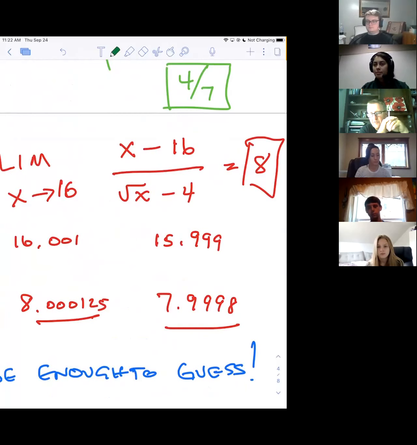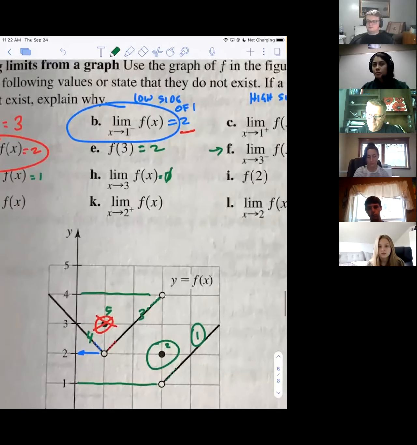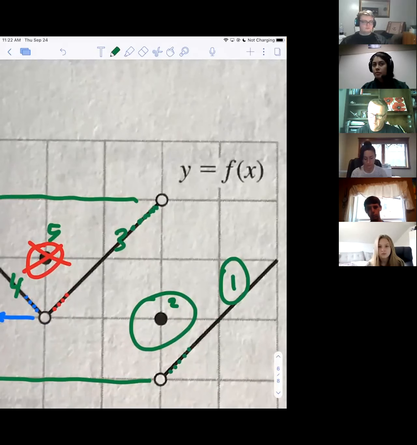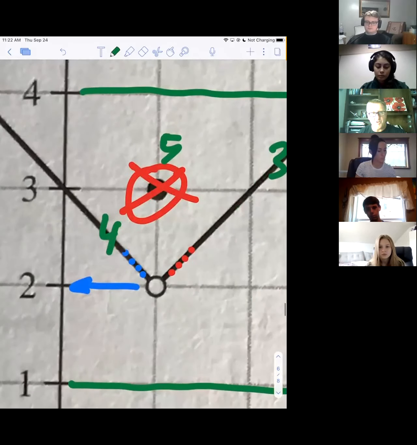There's a hole there. So the idea is, okay, what if the actual number is off somewhere else? What if it looks like it's 8, but it actually isn't? It's 19 or something like that. Well, what mathematicians say is the limit is approaching it. In this example, it's approaching 2 from both sides.